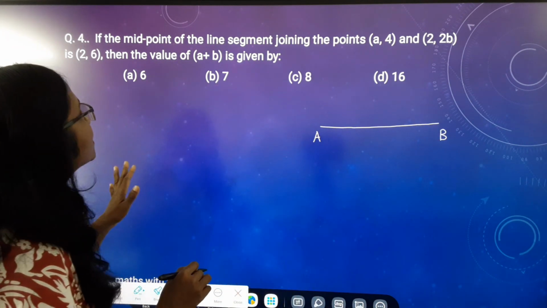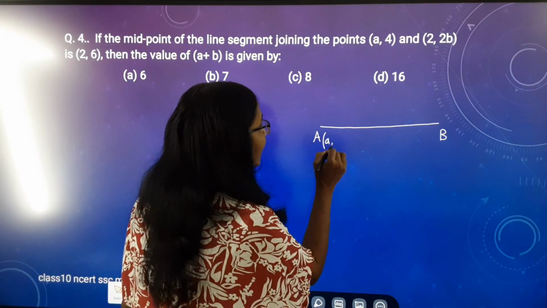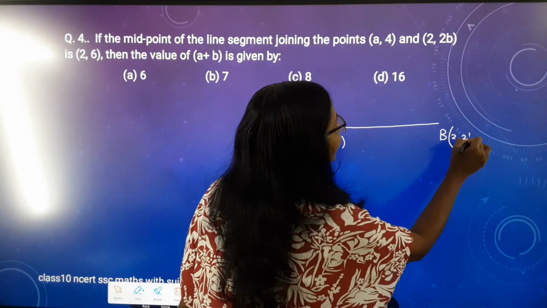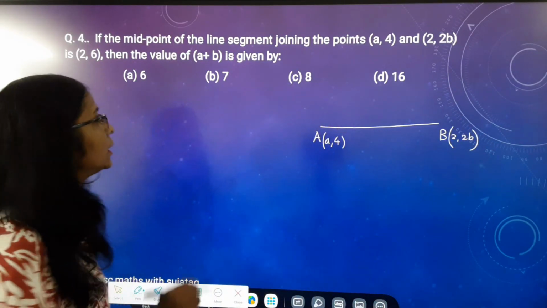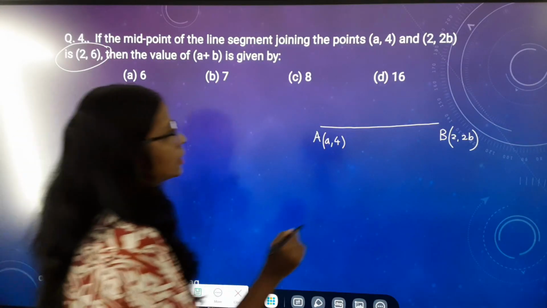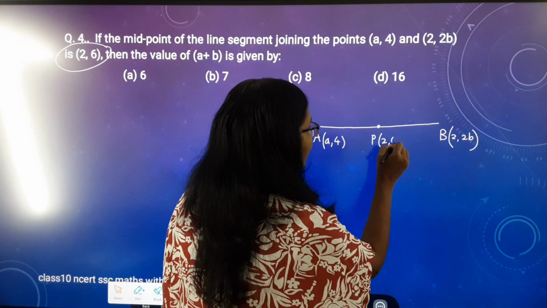The end point A has the coordinate (a, 4), the end point B has the coordinate (2, 2b), and its midpoint, the coordinate of the midpoint, is (2, 6). So I take this P as the midpoint (2, 6).